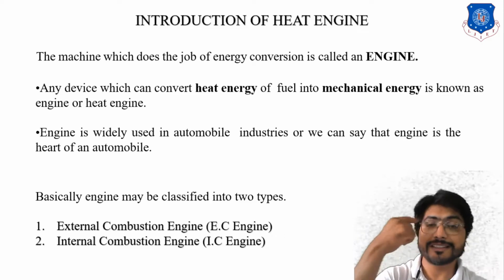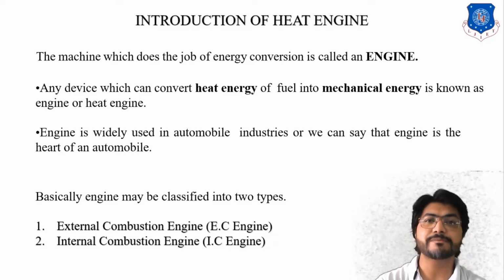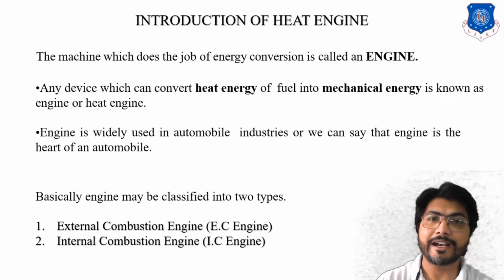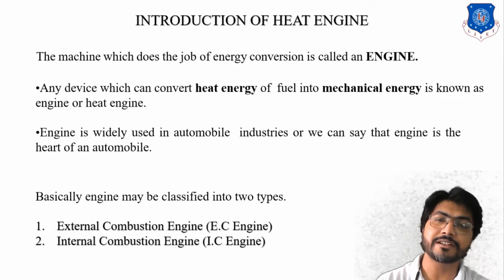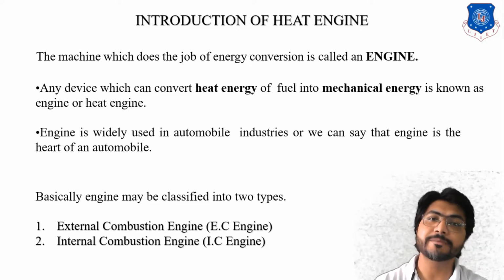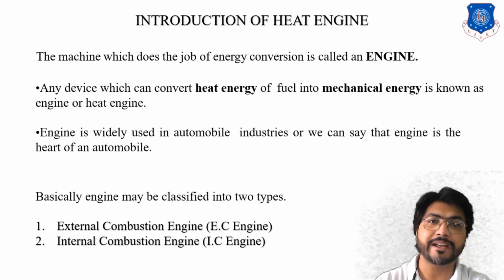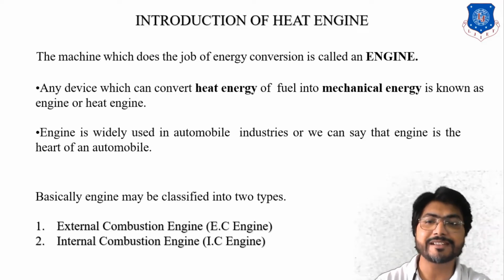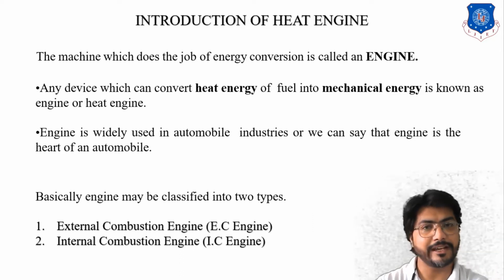In an EC engine, the combustion takes place outside the cylinder, and the flue gas energy comes into the cylinder and is converted into mechanical energy. That is called an external combustion engine.